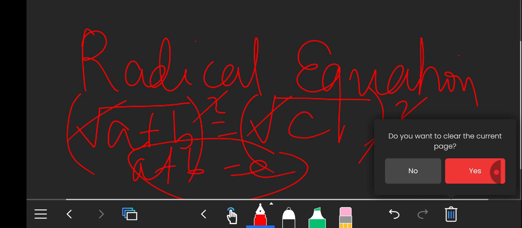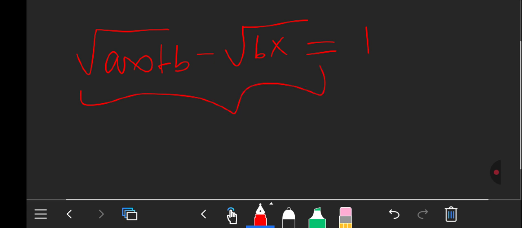Let's look at another scenario. Let's say you have square root of ax plus, let's say, b minus square root of bx is equal to 1. Again, for this kind of equation, you need to do something here. You can't solve a radical equation with the two square roots on the same side.